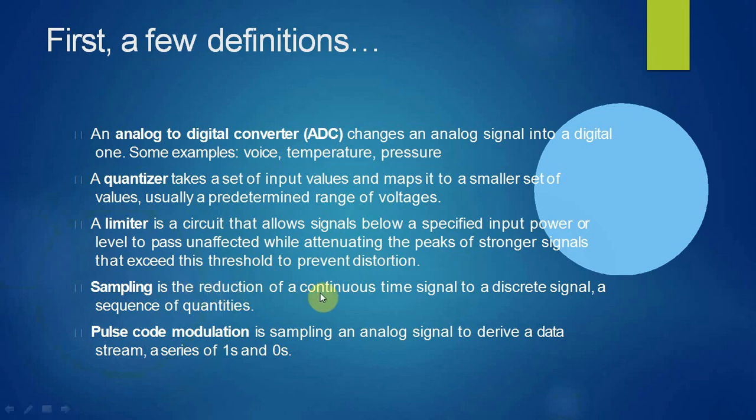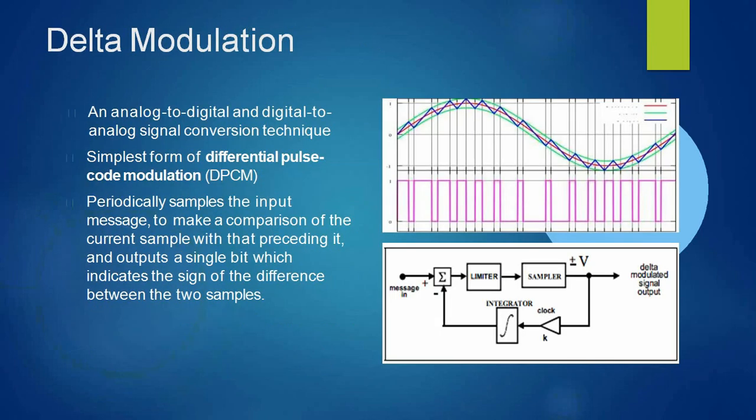Sampling is the reduction of a continuous-time signal to a discrete sequence of quantities, and pulse code modulation samples the analog signal to derive a data stream of ones and zeros. We must know that these are all very important steps.